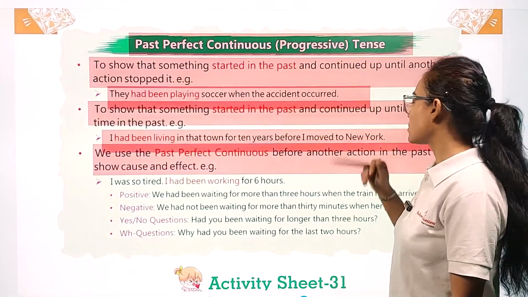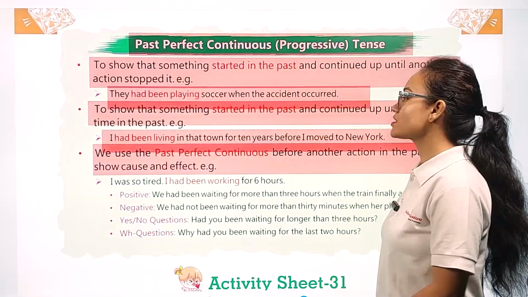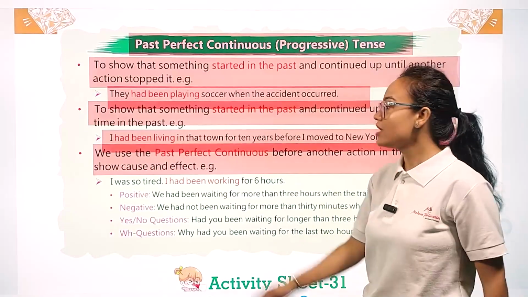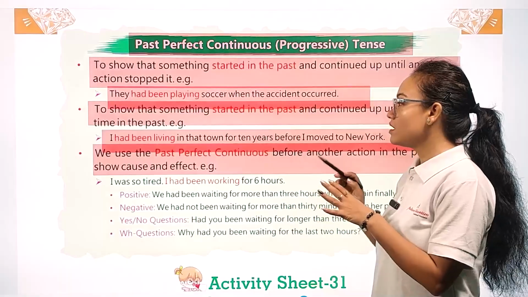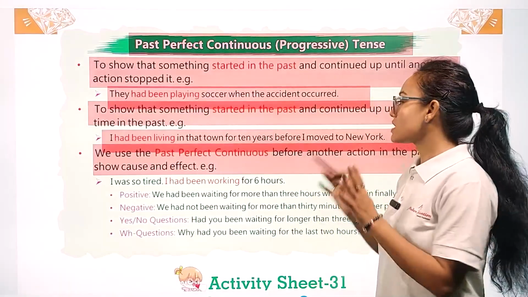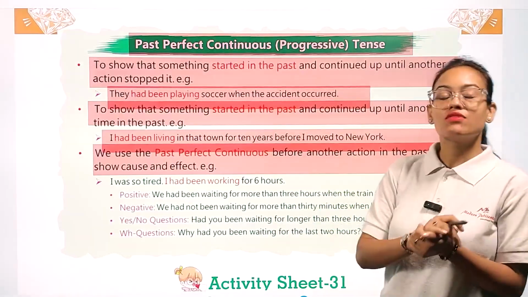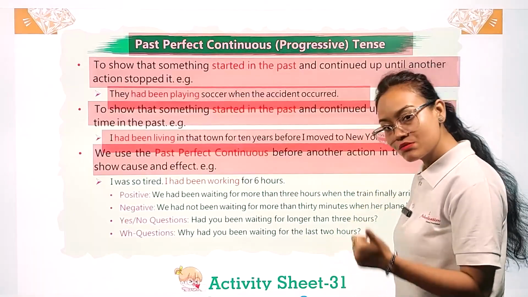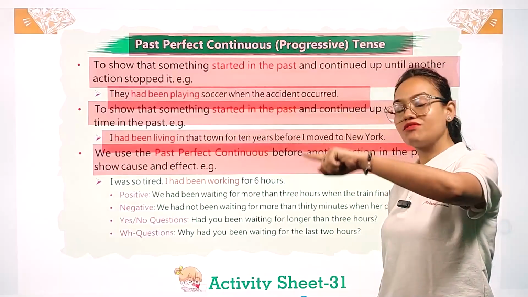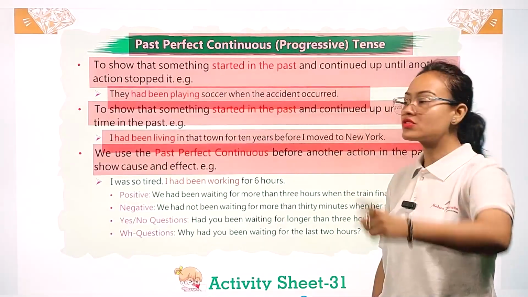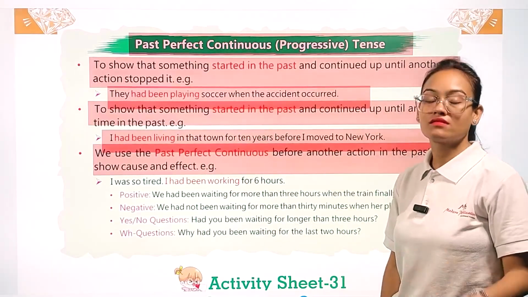And the third sense when we are going to use our past perfect continuous is we use the past perfect continuous before another action in the past to show cause and effect. So in this category, we want to show that one action is already completed before the other action shows its cause and effect.